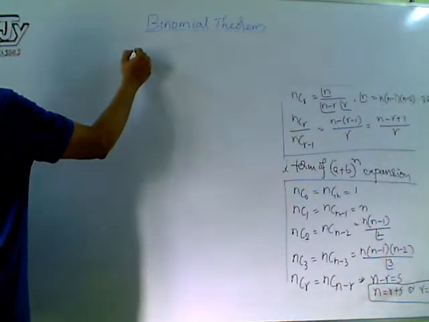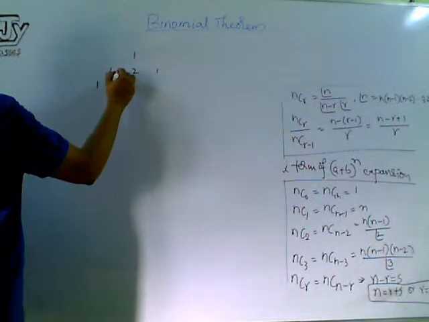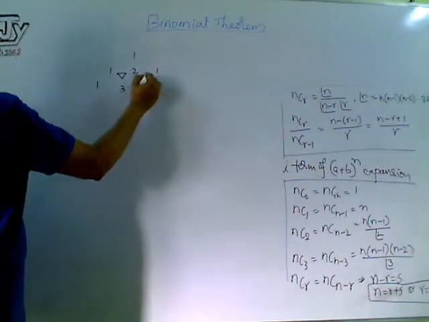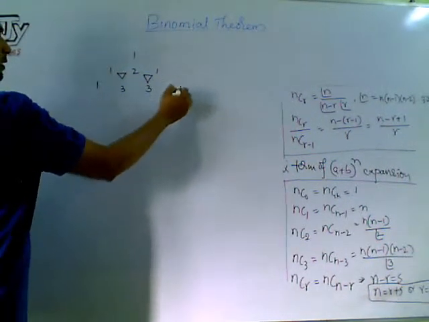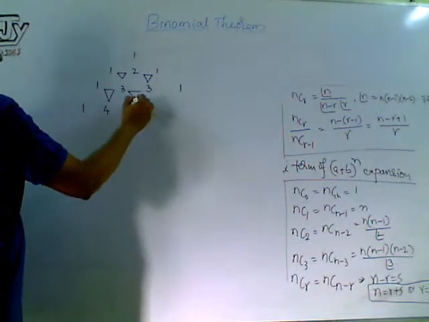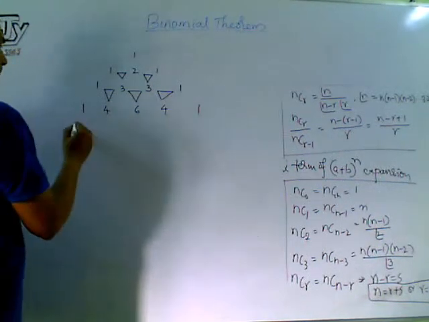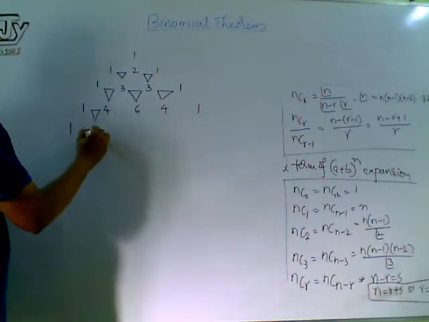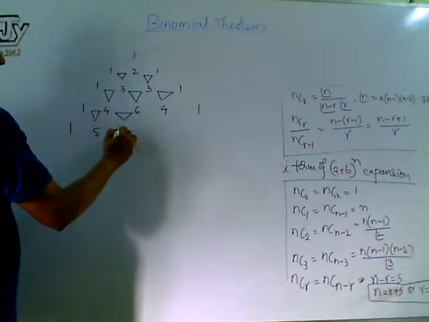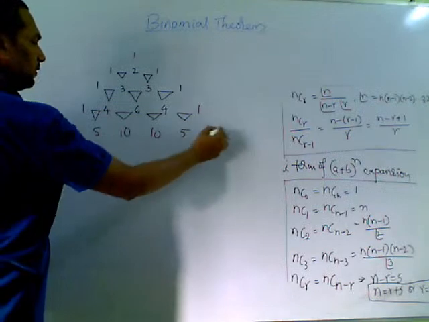So 1, 1, 1, 2, 3, 1, 1 plus 3 is 4, 3 plus 3 is 6, 3 plus 1 is 4, 1. 1 plus 4 is 5, 4 plus 6 is 10, 6 plus 4 is 10, 4 plus 1 is 5, 1.